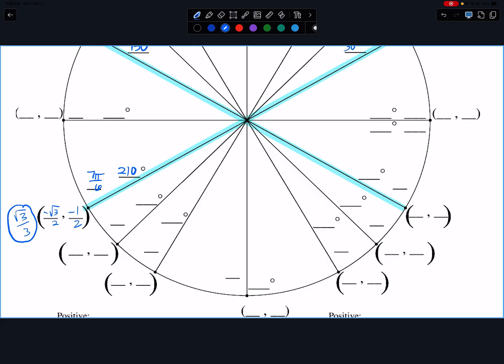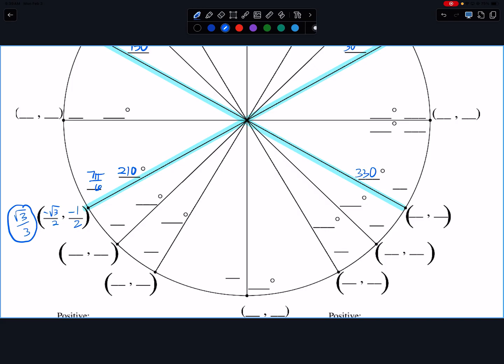Quadrant 4. How many degrees is this angle right here all the way around? 360. So I'm going 360, but to get to here, I'm going to go backwards 30 degrees. So this would be 330. Our favorite time of the day, because that means it's almost time to go home. This is going to be a pi over 6.